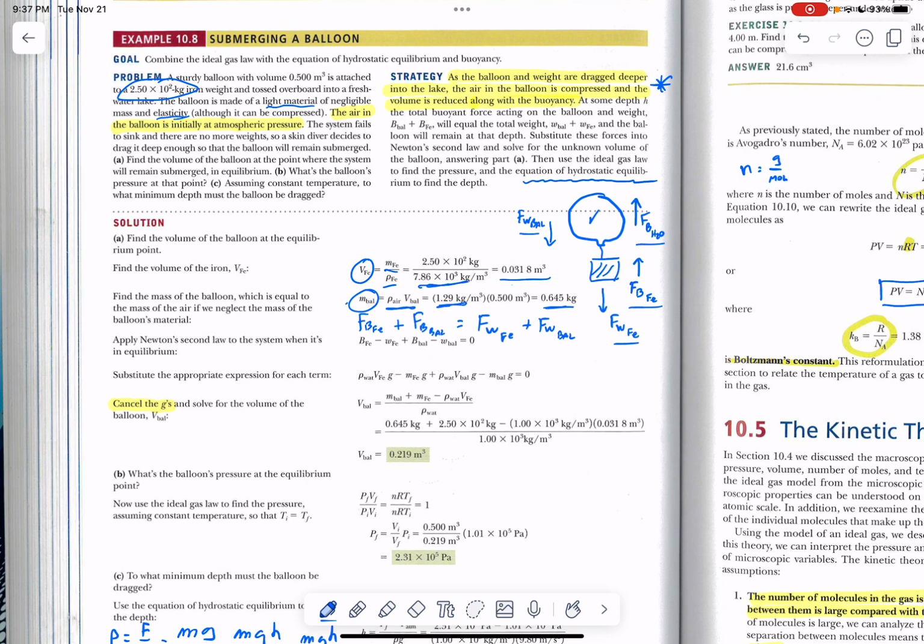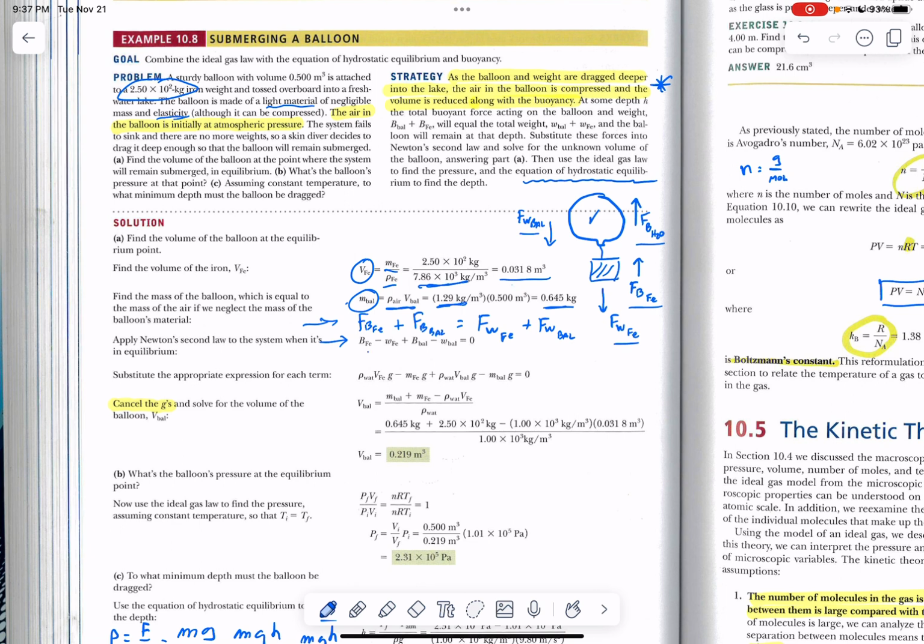So now in this line right here, my upward forces, the buoyant forces, equal the downward forces due to weight. And I use the symbols of the book now in this line right here. I'm using the book symbols, not mine. So what is the buoyant force of the iron?